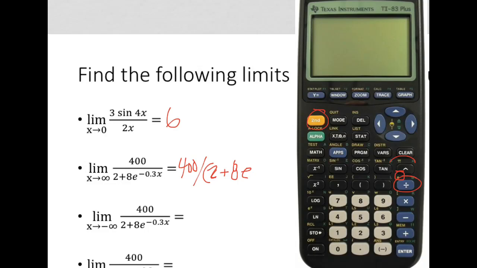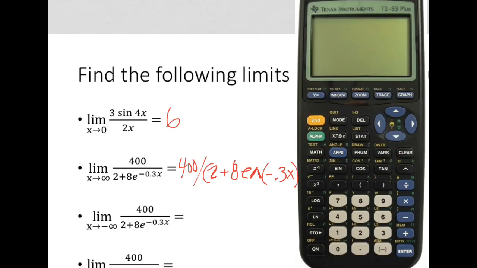And then let's hit that caret button to raise it to the power of negative 0.3x, and then close that parenthesis there for the exponent. That's my caret button right there. If you have a TI-84, you don't need those parentheses, but it never hurts.